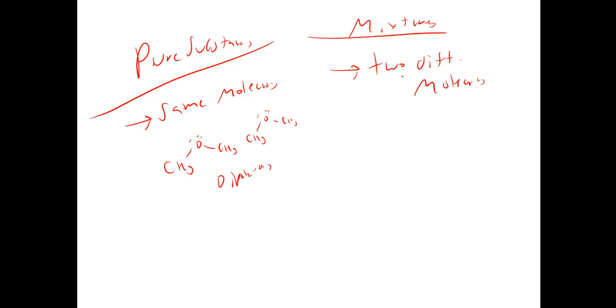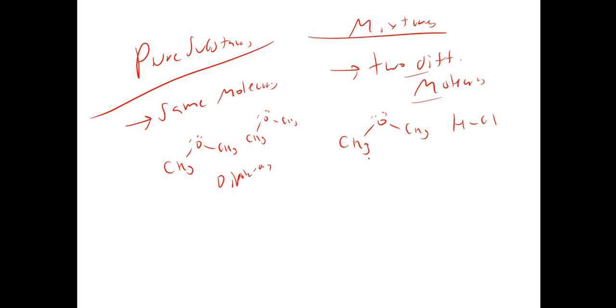Now, if I have a mixture, then things get more complicated. So let's say I have a mixture of dimethyl ether and hydrochloric acid, or hydrogen chloride. If I do that, then I have to come up with 2 intermolecular forces for each.